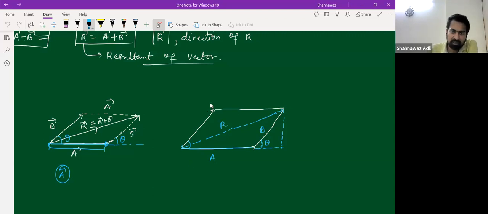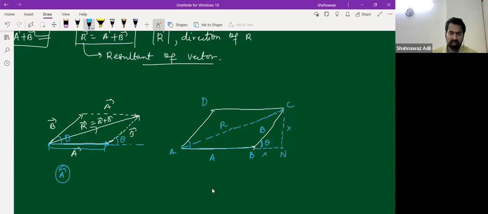Let us say this is the parallelogram ABCD, and this is N. We have to find this length first and this length first.